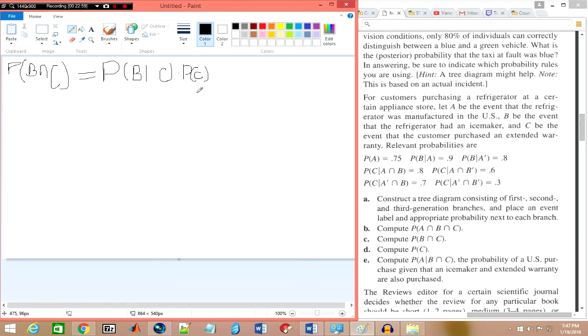Let me look on my diagram here. Let's see, the probability of B given A and A complement. We got all the probabilities here. So this is B intersects C, so B and C have to happen. According to my tree diagram, the only place where that happens is one line plus the second line, and that's it.